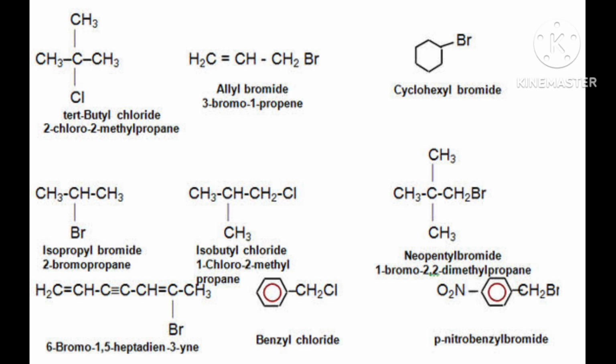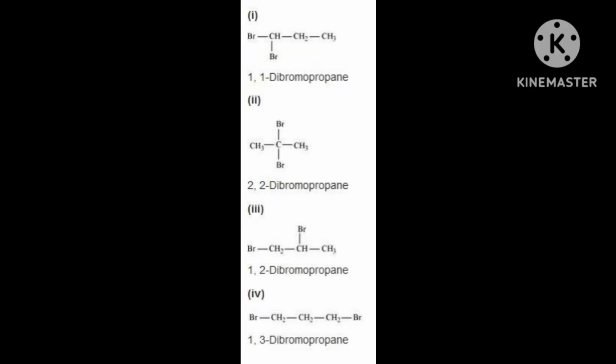And the other 2 methyl groups are attached with the second carbon, one up, another down. Then this primary chain became propane, straight. And 2 methyl groups are attached with the second carbon.